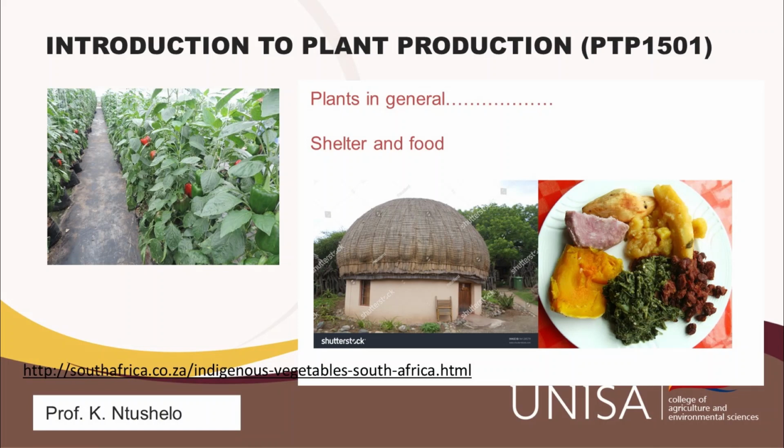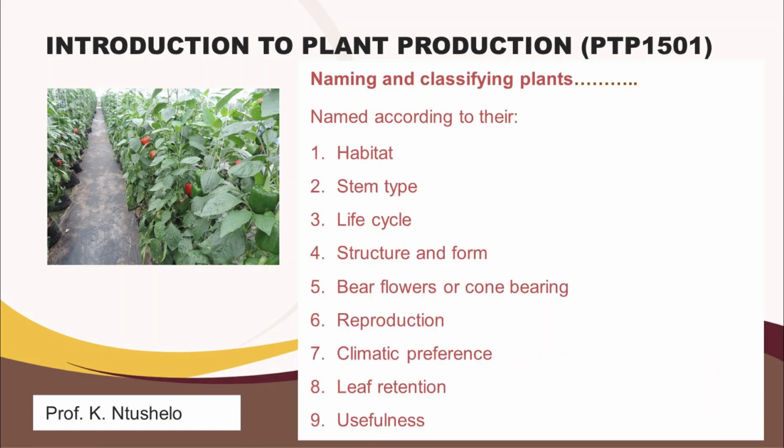When it comes to naming and classifying plants, we name plants according to their habitat, which is where they live. If they live in water, we call them aquatic plants. If they live on land, we call them terrestrial plants. Stem type, that is, are they herbaceous? Are they woody plants? Life cycle, are they annuals?